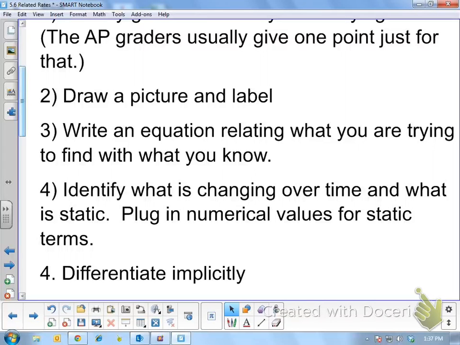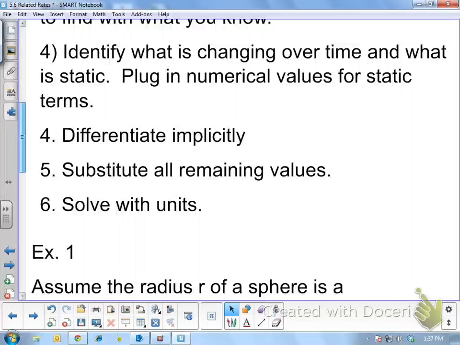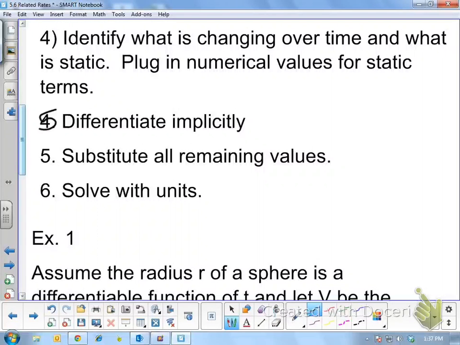So this should have actually said 5. Differentiate implicitly. I didn't rewrite all my numbers. Differentiate implicitly. Then we can substitute in all remaining values, and then we solve with units. Usually we're trying to look for one specific thing, so if we substitute in our values, then we can solve for h or r or dV/dt or dA/dt.